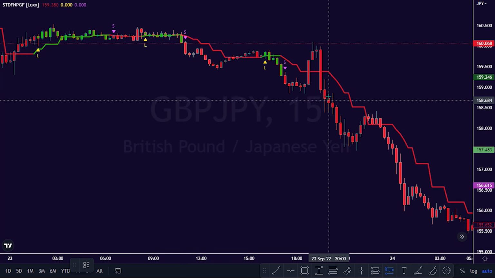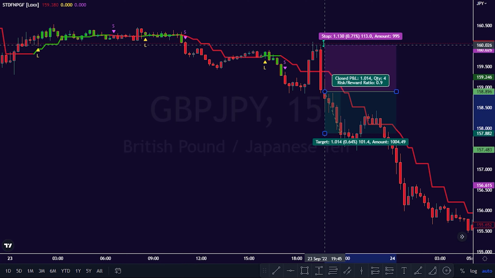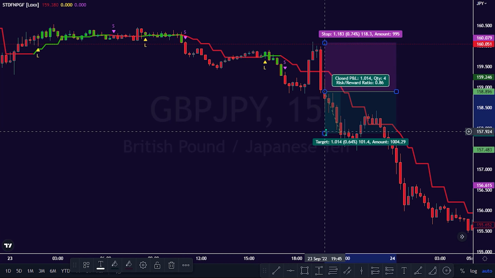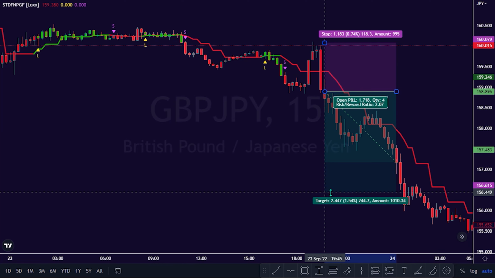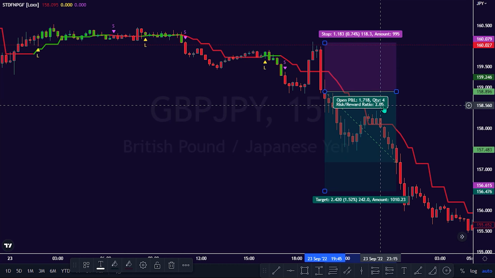I will place my stop loss above the last high of the strong bearish price action rejection from the retest of the Gaussian filter indicator red line. And I will target a minimum sell profit target of a 2 risk to reward ratio.